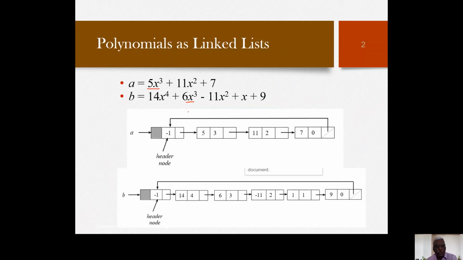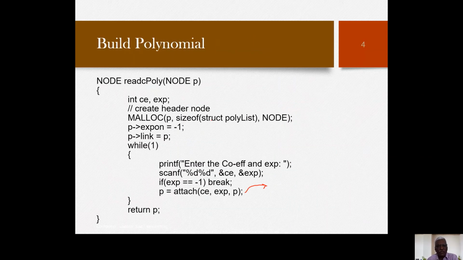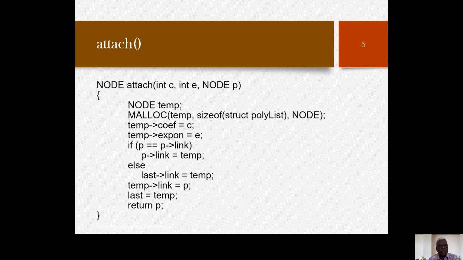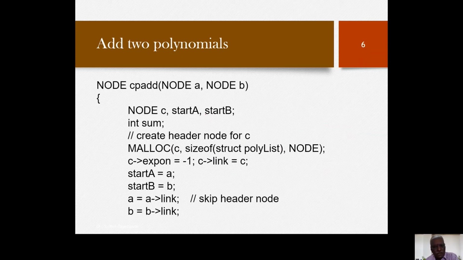So we will try to look for the similar kind of exponents, that means same value of exponents, and try to add them. And if the added value is 0, then we don't add that into the C or the final linked list, resultant linked list. Okay, so we will just see how this could be done using this.